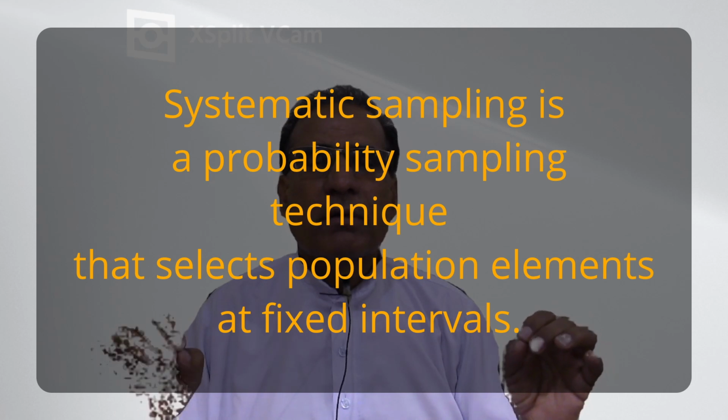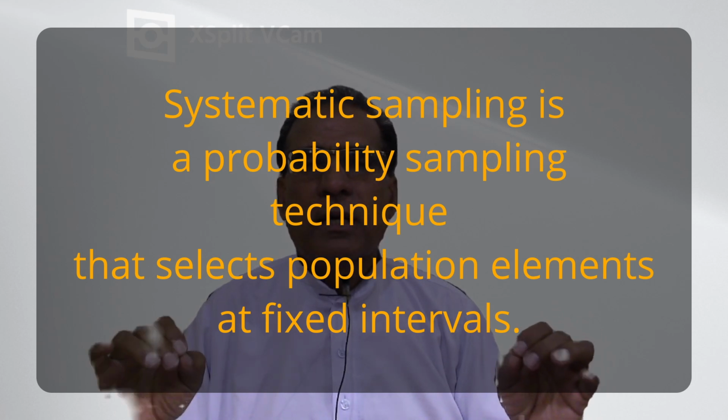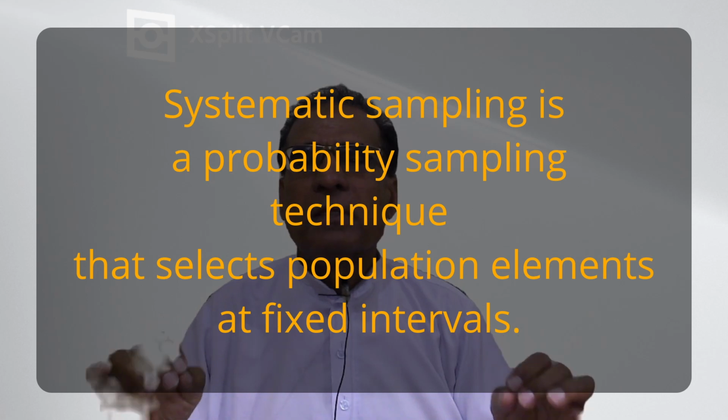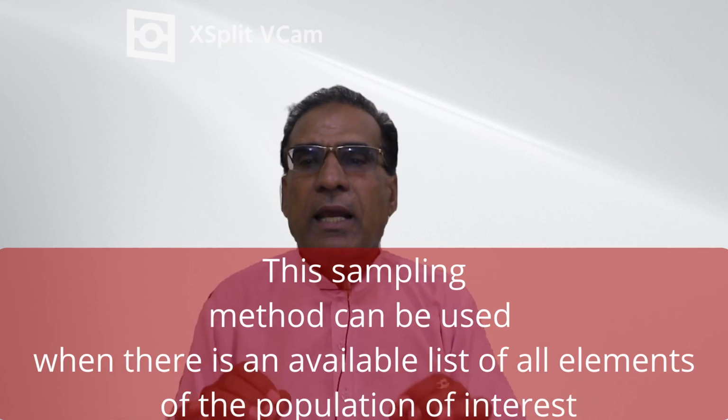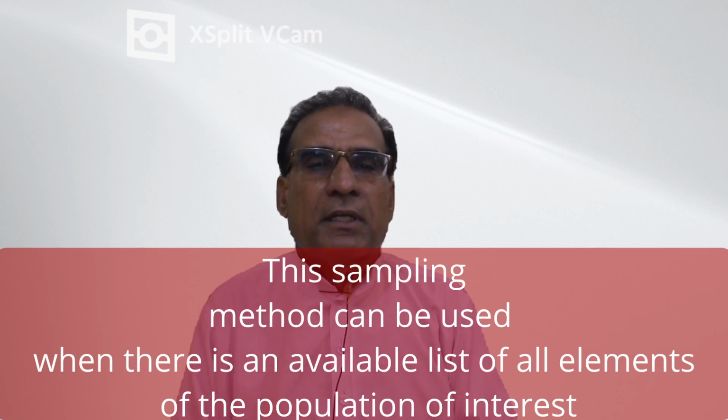Systematic sampling, which is also called interval sampling, is a probability sampling technique that selects population elements at a fixed interval. This sampling method can be used when there is an available list of all elements of the population of interest, or when a convenience sample is selected using a fixed interval, such as surveying students entering a school building.